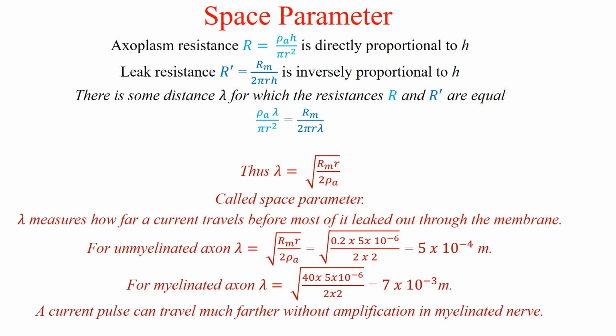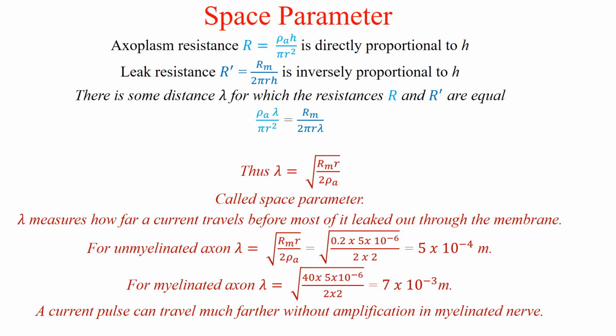As you see here, the leak resistance R prime is inversely proportional to H, and this is why there is some distance called lambda, the space parameter, for which the two resistances R and R prime are equal.